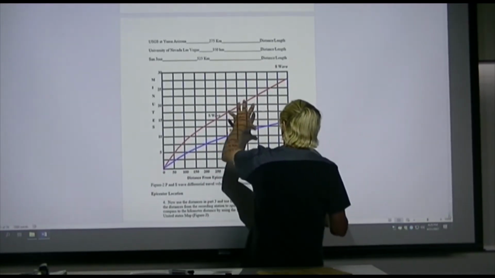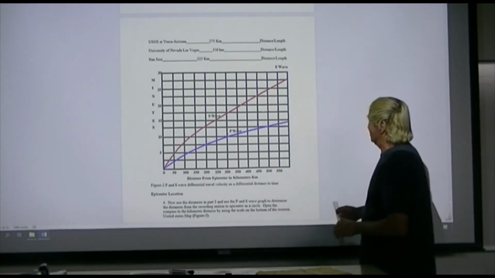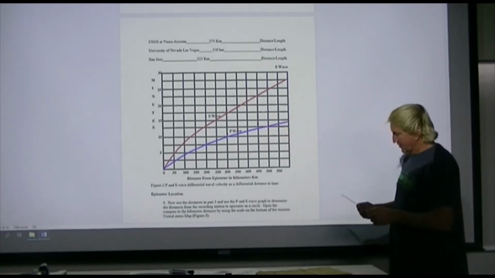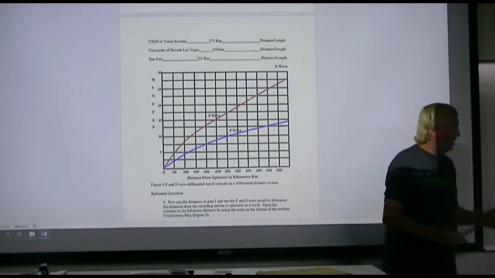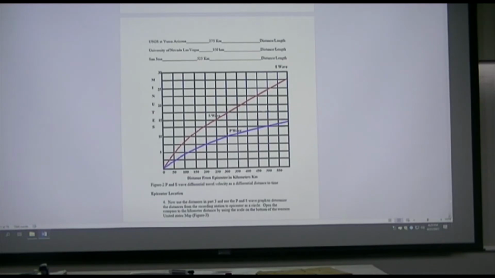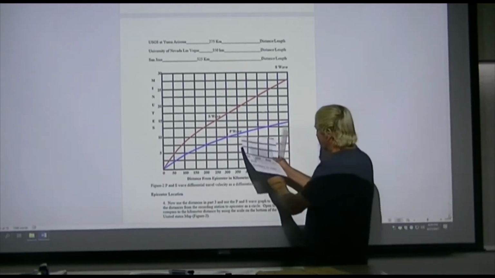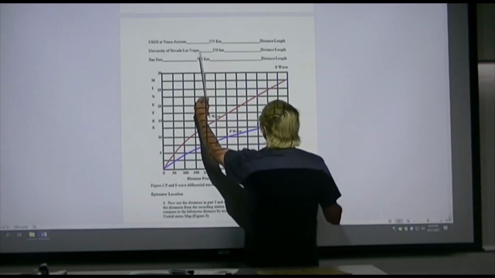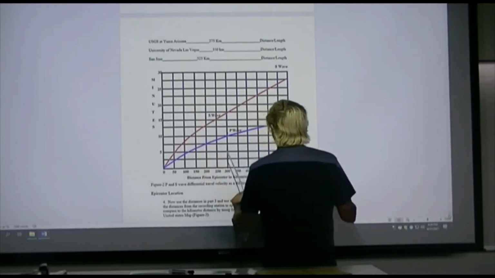Unfortunately, because of the projector, things are distorted a little bit. In fact, they're distorted a lot. From the paper to the projector, things are distorted. So I actually did this on the graph paper, and when I did these on this particular piece of paper, all these lined up, and that's where I got these 350 and then 525 kilometers.